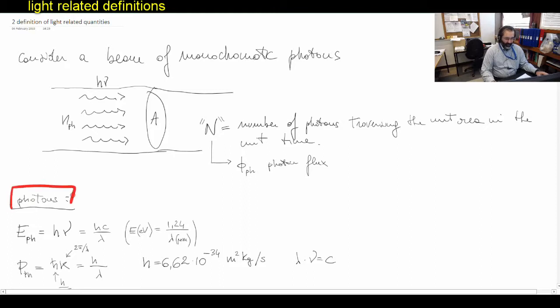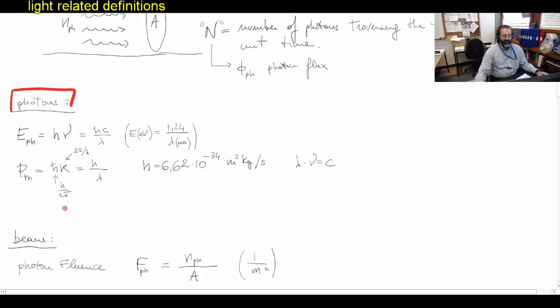Regarding the photons, the energy of the photon is hν, and using the relation between λ, ν and c, the speed of light, we can write this also as hc over λ. And remember this nice relation that allows you to go from λ in micrometers to the energy of the photons in eV.